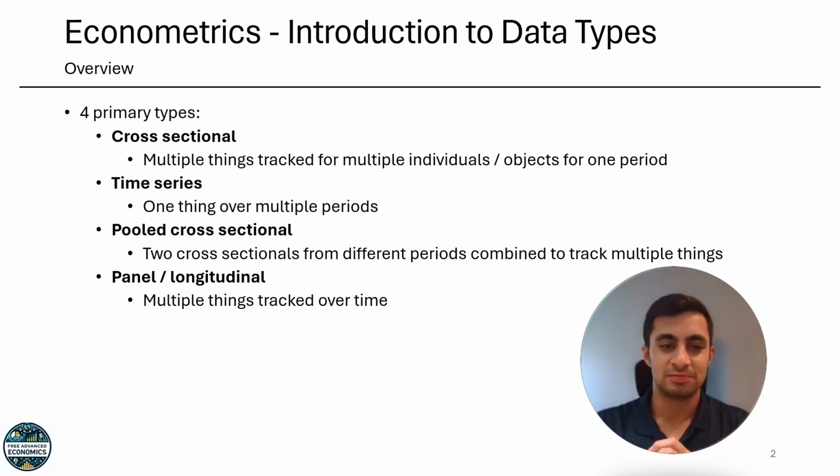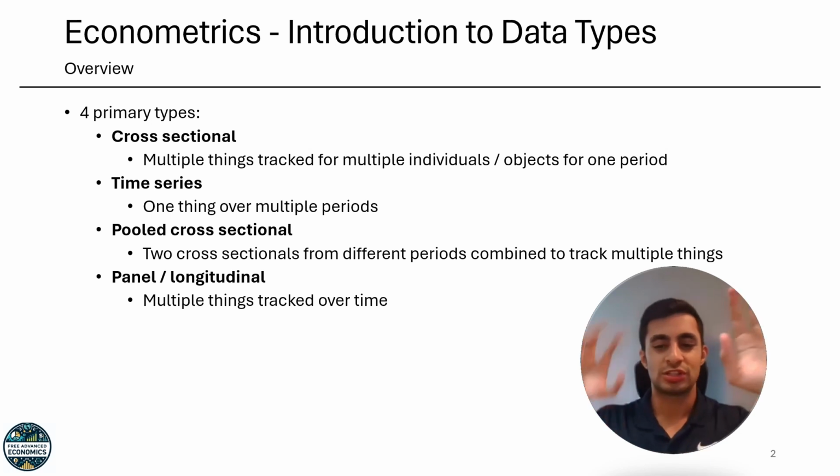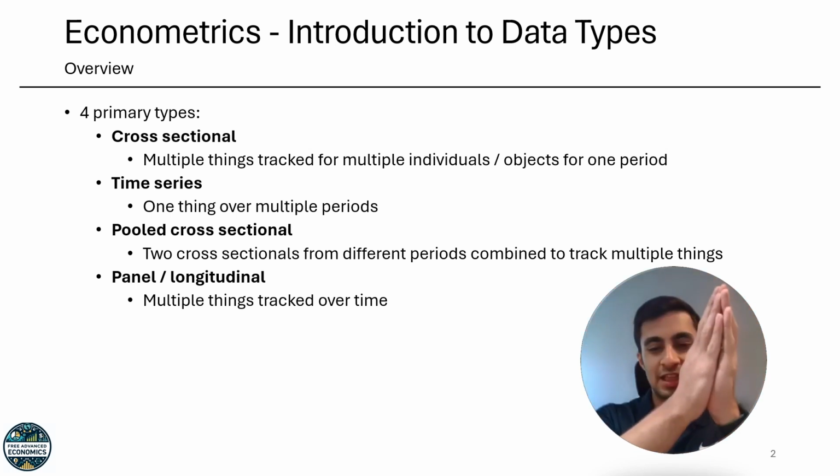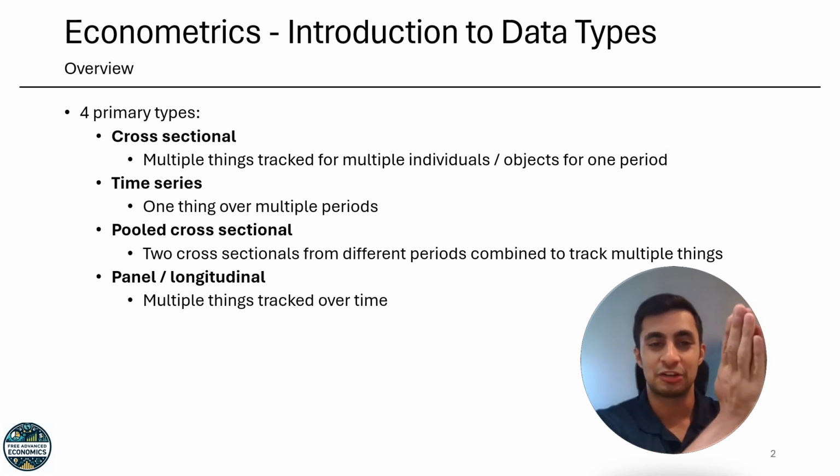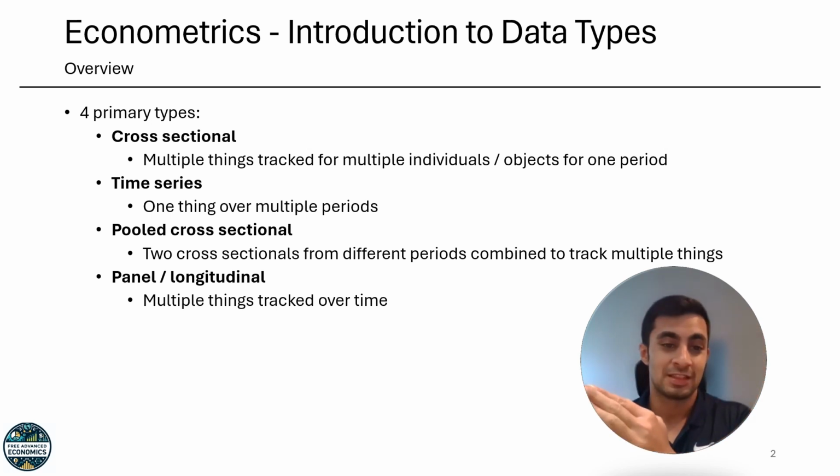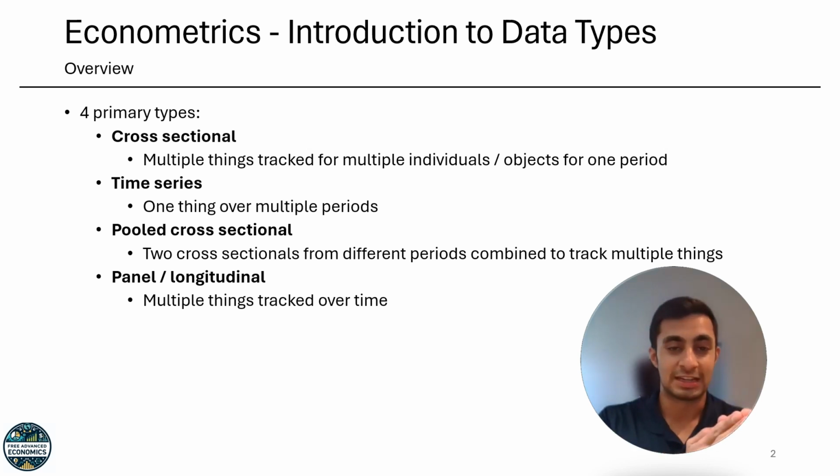Pooled cross-sectional is you take two cross-sectional datas, put them together in such a way that the items that you're tracking in cross sections do not overlap and you're able to track for more than one period. Finally, the king of all data types, panel slash longitudinal data. As you may imagine, panel means a wide variety of metrics, but at the same time, over a large period of time, tracking multiple varieties of things. So this way, you get a panel data set.